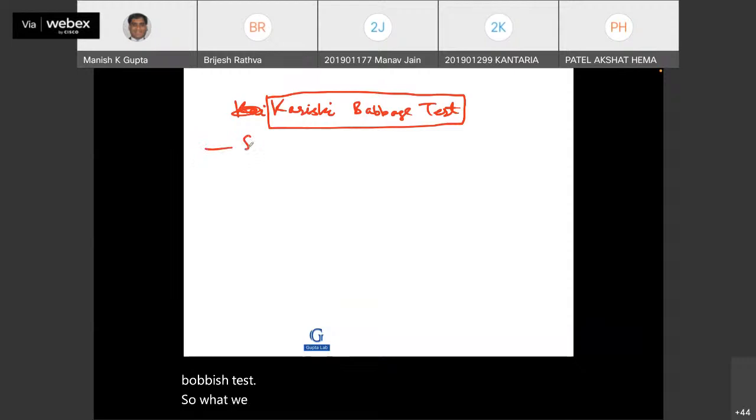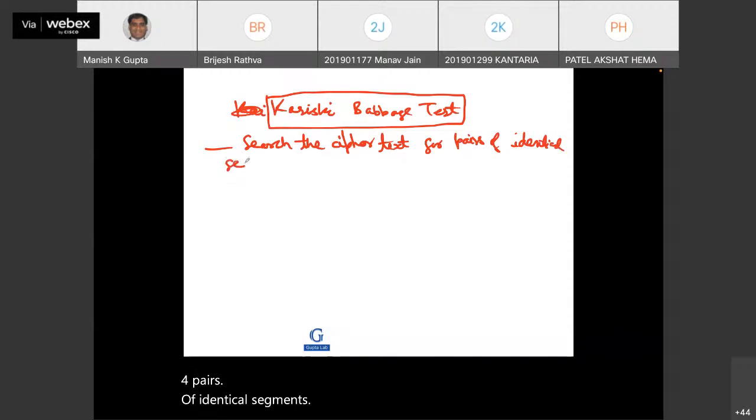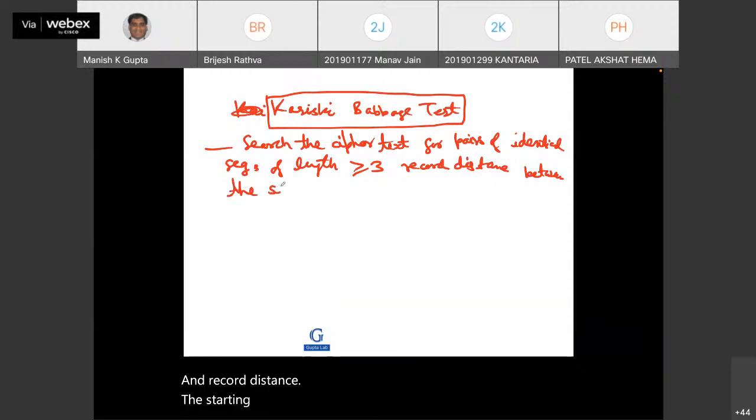What we do is search the ciphertext for pairs of identical segments of length at least 3, and record the distance between the starting positions of the two segments.